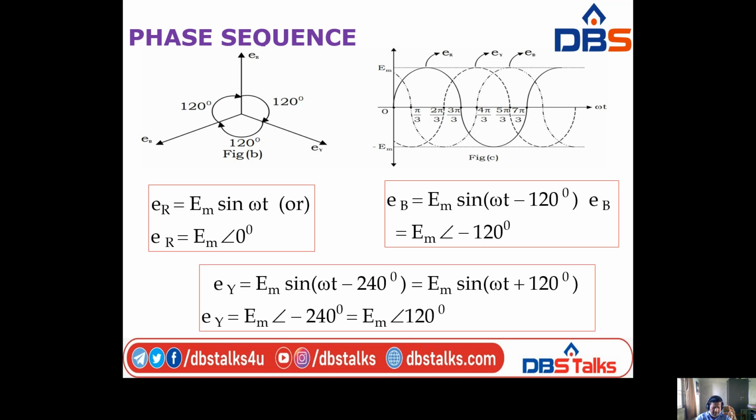The phase sequence RMS voltages can be expressed as ER is equal to E at an angle 0 degrees, EB is equal to E at an angle minus 120 degrees, and EY is equal to E at an angle minus 240 degrees, right? That is in anti-clockwise direction. The clockwise direction was already discussed in the last slide.